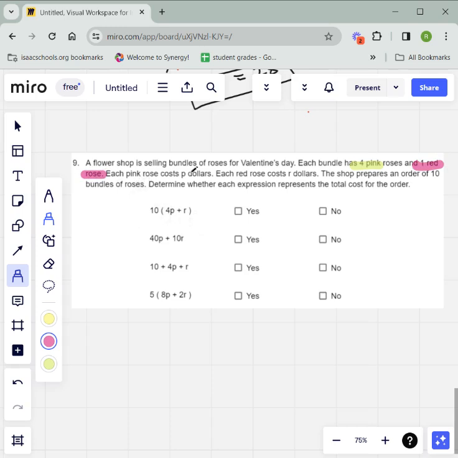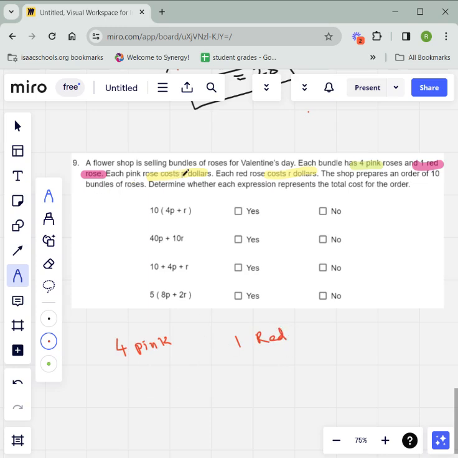And then cost of pink rose is P dollars. Cost of red rose is R dollars. So whenever you do these problems, you can always make sure you understand this. So you can write 4 pink and then 1 red rose.